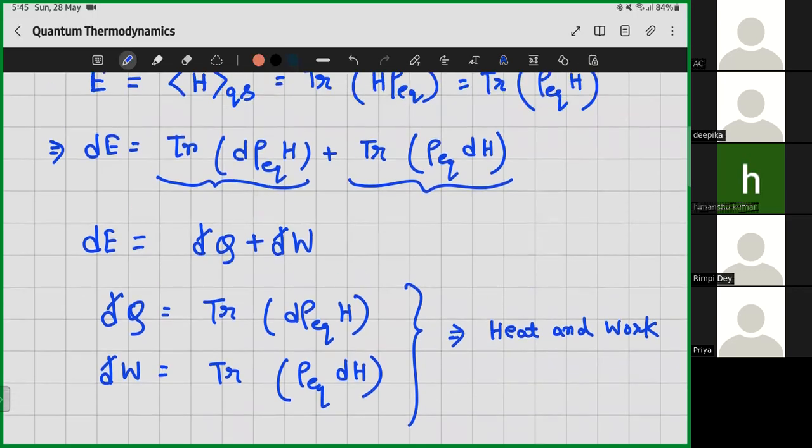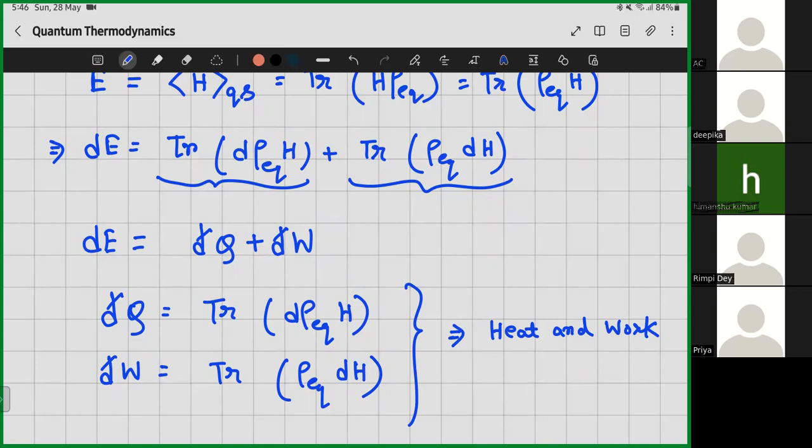I think we can get a value for that. Yes, we can get a value. But another property I want to check is whether this mathematical property of d cross q also holds for this right hand side, trace of d rho H.